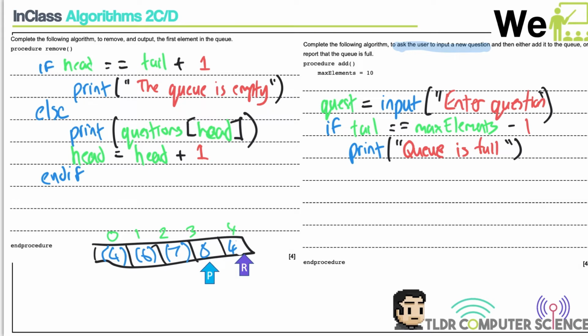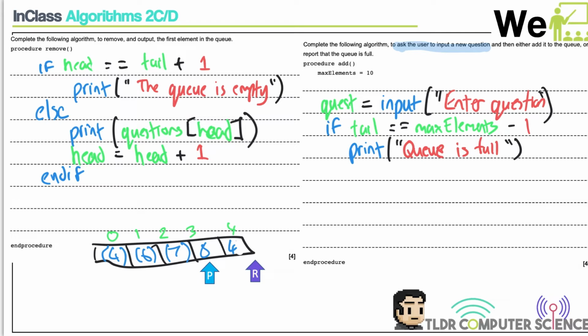Draw it, have your little pointers, and it helps you just visualize how it's going to work, and then you can implement it. Realistically, if I'm in your situation, I'm trying to remember how they work. Also, a queue, like I say, it could be different. It could be that it's pointing at the next empty space. In which case, would you have the same solution? No. And if you said tail equals max elements minus 1, when it should be just max elements, you ain't getting that mark. So, there we go. Beautiful. Am I finished?